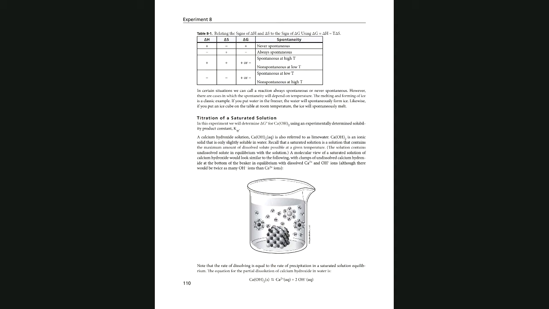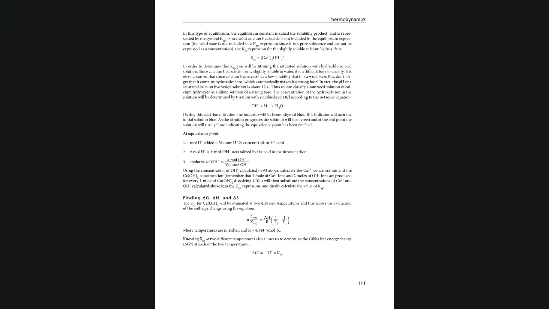If you have the concentration of hydroxide ion for dissociation of calcium hydroxide, then you can find the concentration of calcium ion, because we know calcium and hydroxide are related. One calcium hydroxide gives you one calcium and two hydroxide ions.